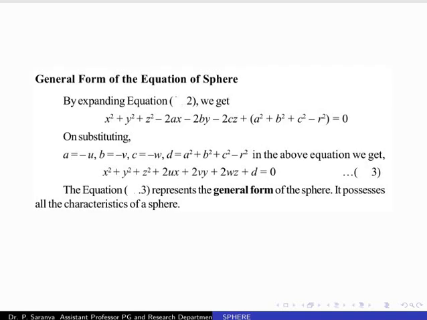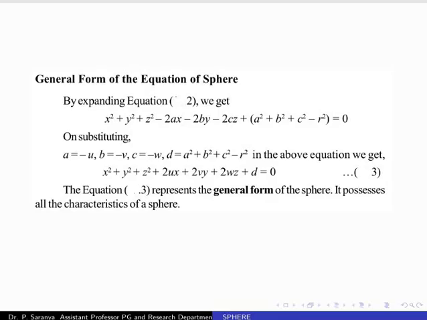That is, you have to expand the equation (x minus a) the whole square plus (y minus b) the whole square plus (z minus c) the whole square equal to r square, which we will get finally x square plus y square plus z square minus 2ax minus 2by minus 2cz plus a square plus b square plus c square minus r square equal to 0.